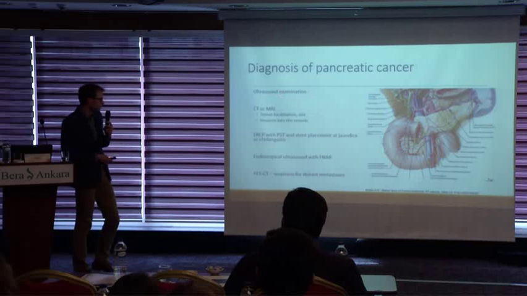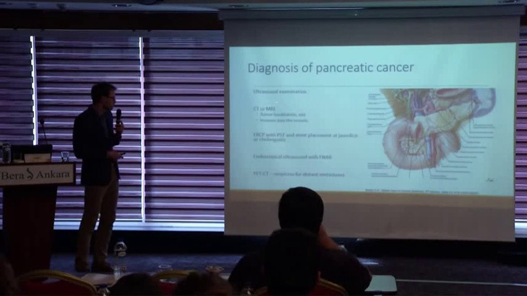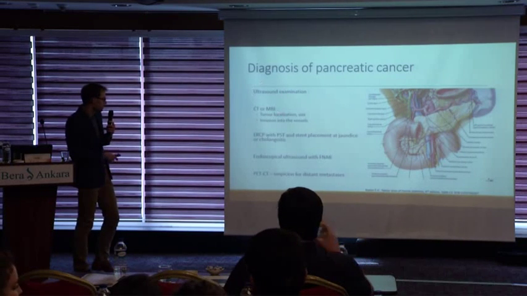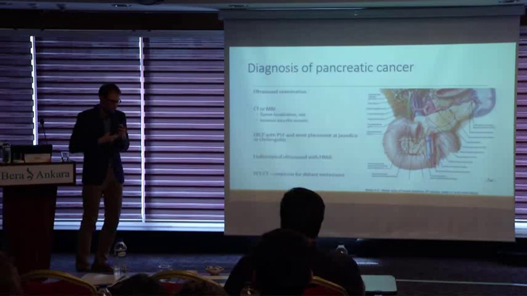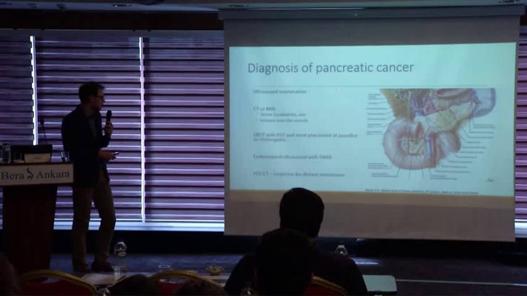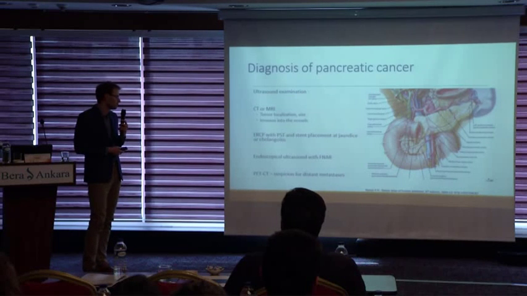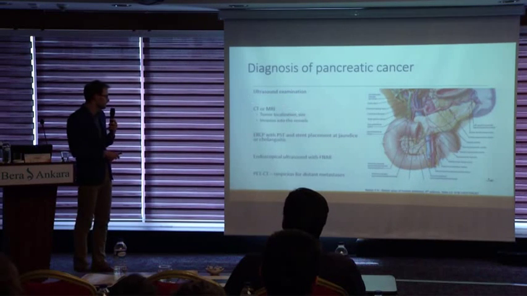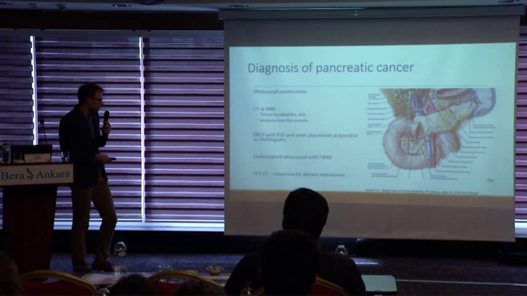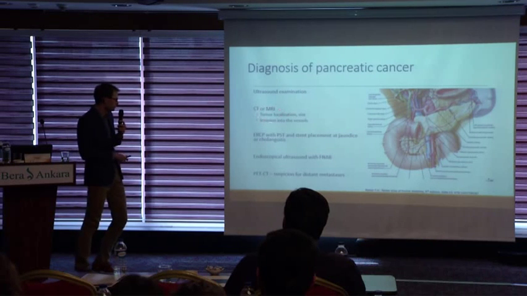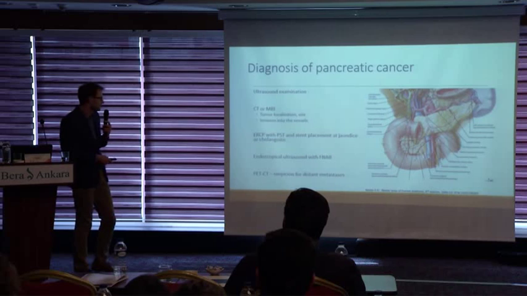The diagnosis of pancreatic cancer is usually by ultrasound. That's the first examination that we use. If we have some suspicion of a tumor, we indicate CT or MRI for assessment of tumor localization, size and invasion of the vessels.